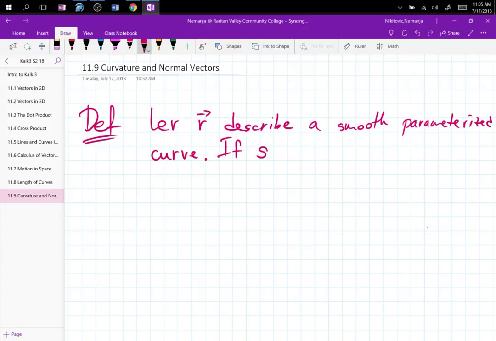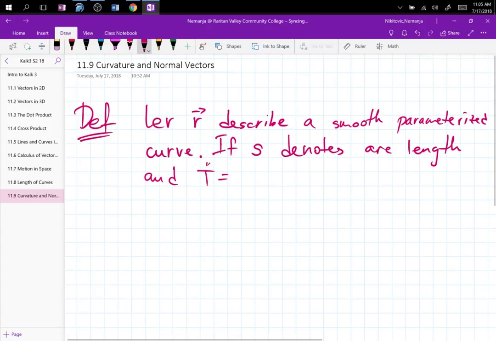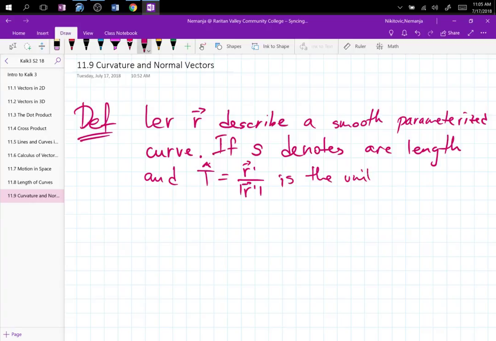So if s denotes arc length, and vector T hat is the unit vector, right, so that we know it's r prime over the magnitude of r prime, is the unit tangent vector. We know this one from before.